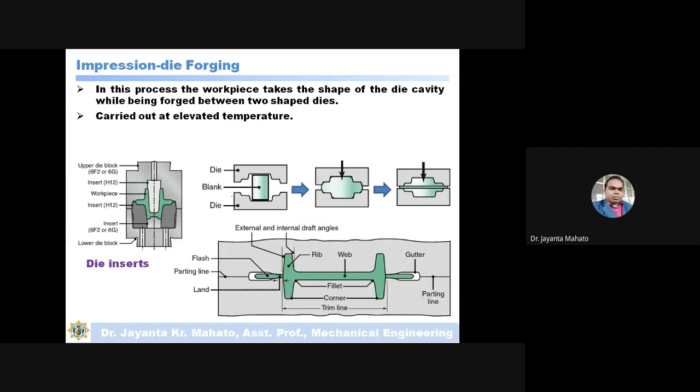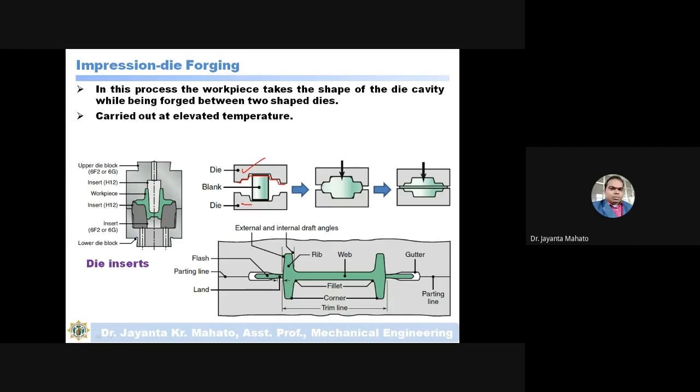So just see this view. This is the upper part of the die, and this is the lower die. The upper and lower die have different shape geometry.